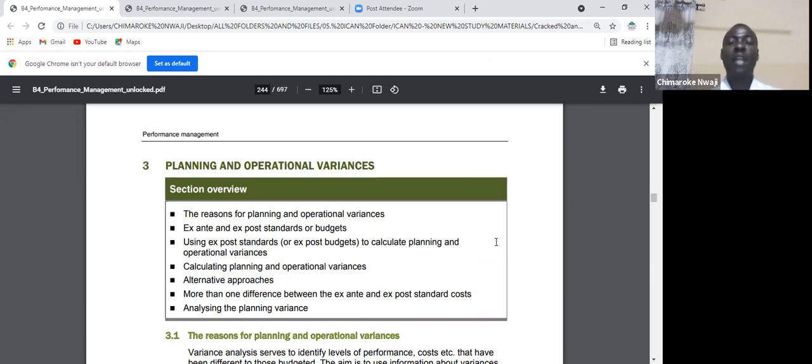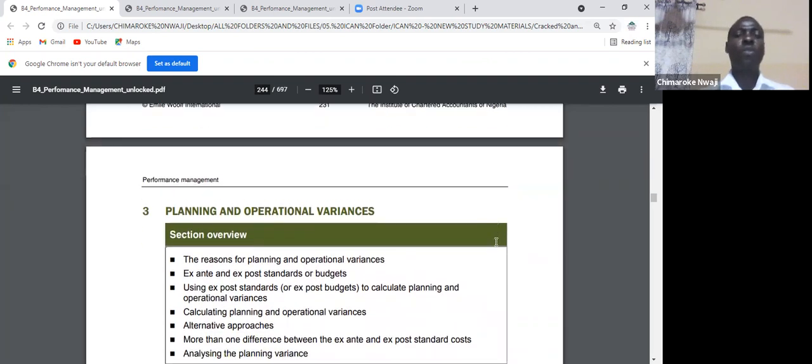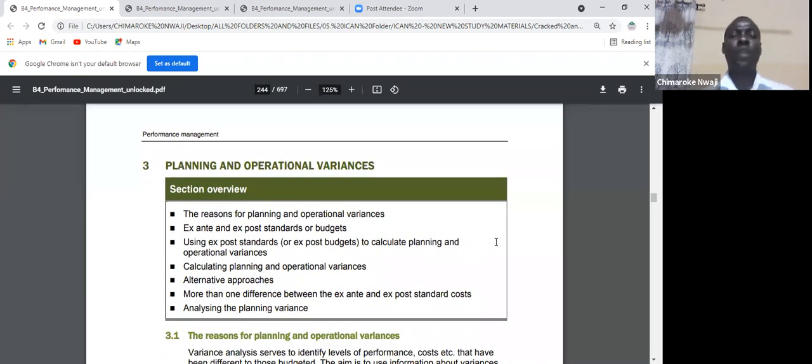Then we look at market size and market share. That's an offshoot of planning and operational variance. So I'll just talk a little to whet your appetite on it. We're not going to take it today.